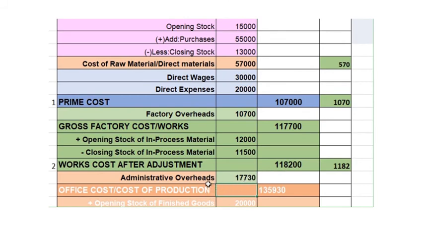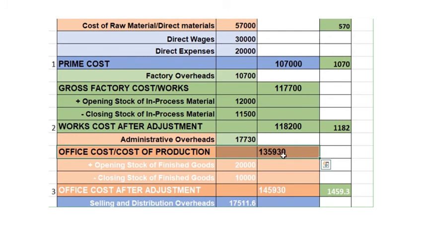Adding administrative overheads and work cost, you get the office cost or cost of production, which is the sum of these two. We get 1,35,930.